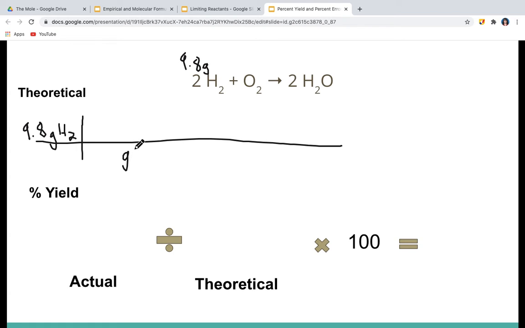Going from grams of hydrogen to moles of hydrogen. Kicking out the moles of hydrogen to get to moles of water. Then we want to get rid of the moles of water and get to grams.